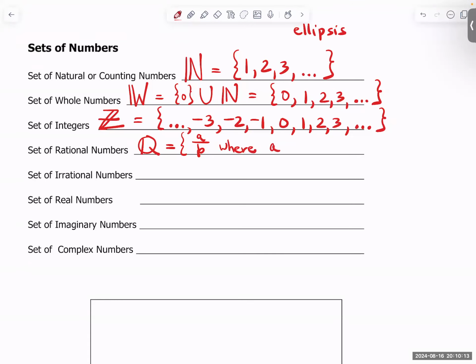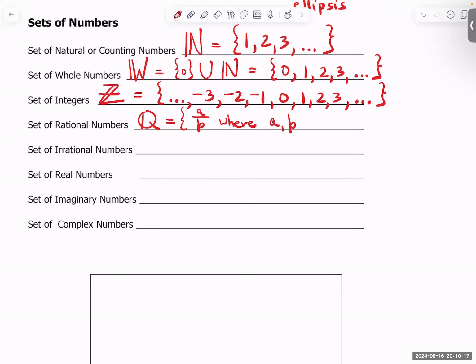Soon I'm going to define the next symbol, which means is an element of, or is a member of the set of integers. So A and B are elements in the set of integers, set Z, but with one restriction: the denominator B cannot be 0, since division by 0 is undefined.